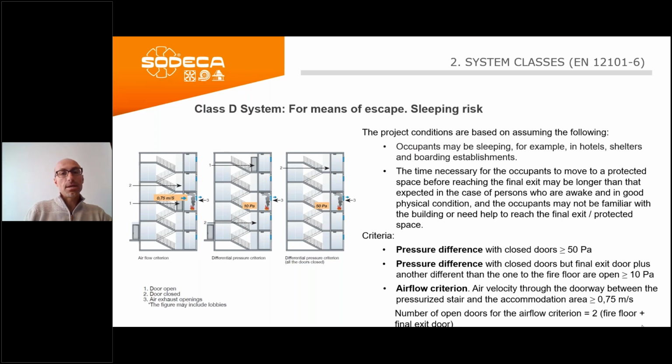This is the difference. When the system is only meant for means of escape, to protect the stairwell during only the evacuation time, and you have people sleeping in there, Class D is the correct choice. But if the system has to be also for firefighting, then the Class B system would be the best choice.